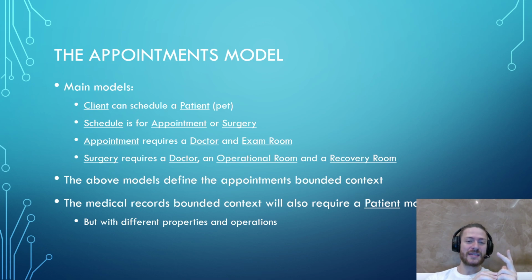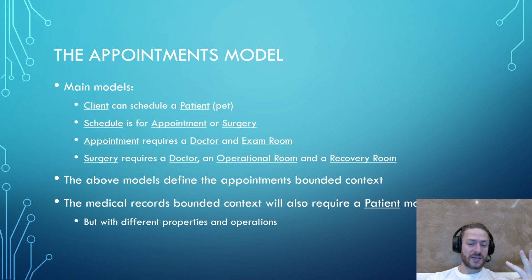It may seem counterintuitive to add the same class name for the same thing in the real world, in this case the animal, but imagine that if you have separated responsibilities, you will lower your chances of having spaghetti code, because the one patient class, if you have mixed responsibilities for the appointments and for the medical records, you will have more spaghetti code, and it will be more difficult to extract microservices if you decide to do so.